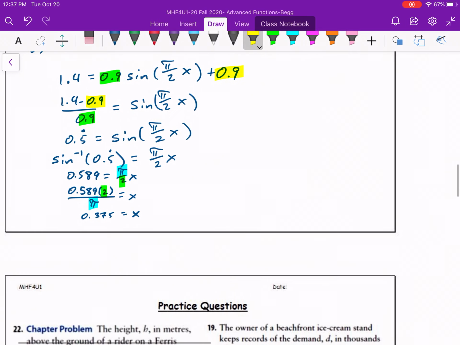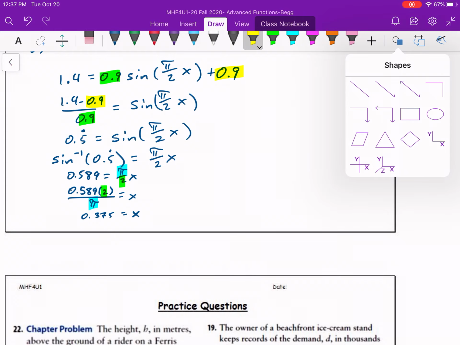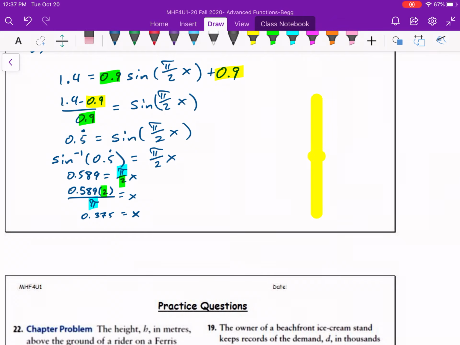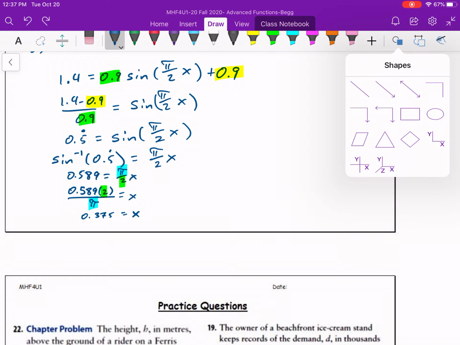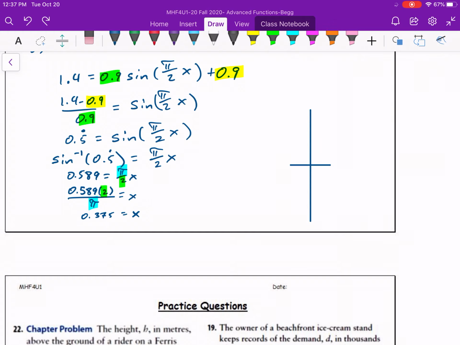And again, we can do that by thinking about the terminal arms and the CAST rule and so on. So draw a sketch, draw a Cartesian plane. We know that x equals 0.375, but that's basically our beta as well.